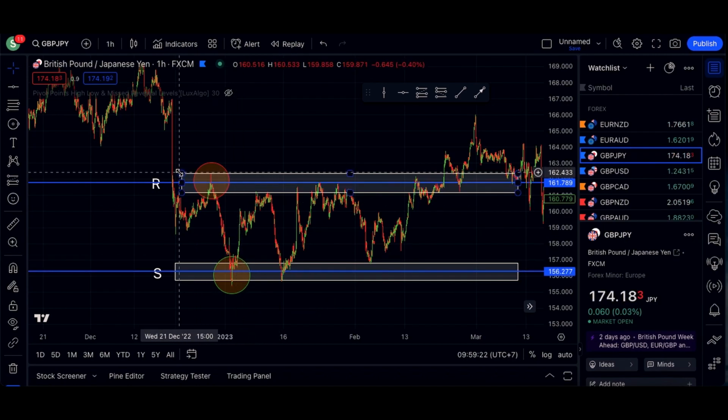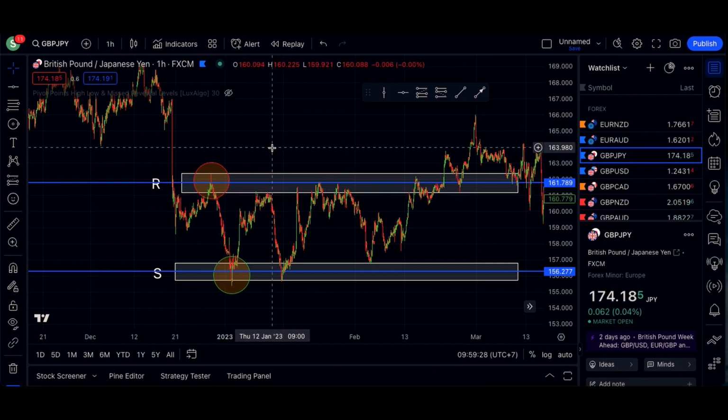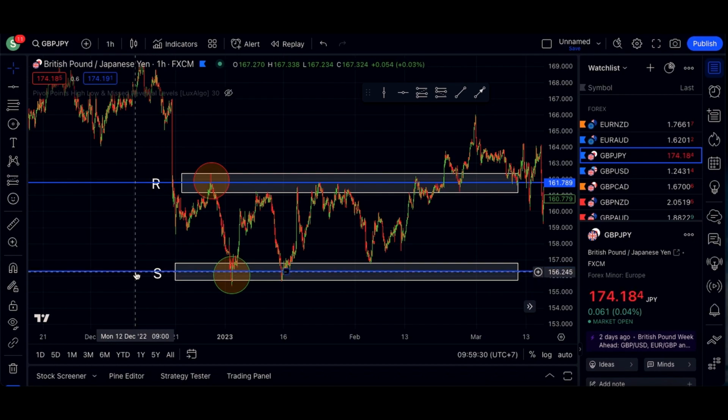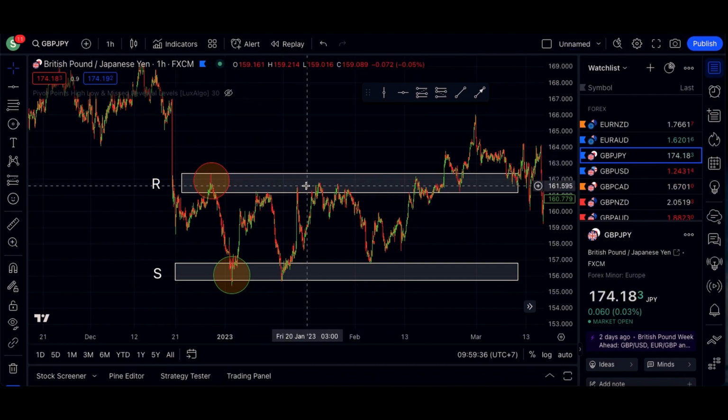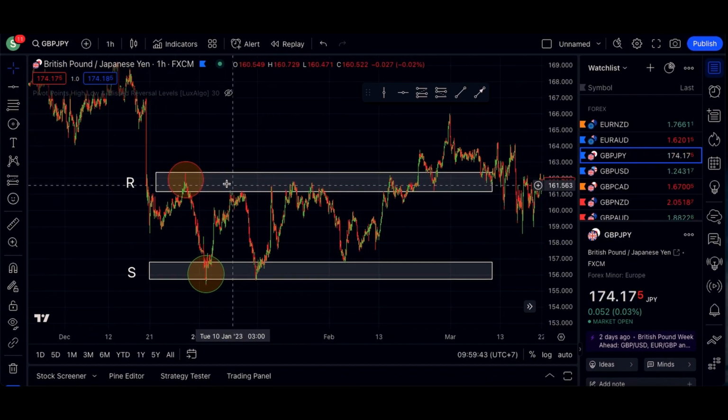They're going to enter in this general area. So we want to place our trades within an area and not at a specific price point. That's never going to be accurate enough. We don't know what's going to happen, so you want to have the whole area covered.